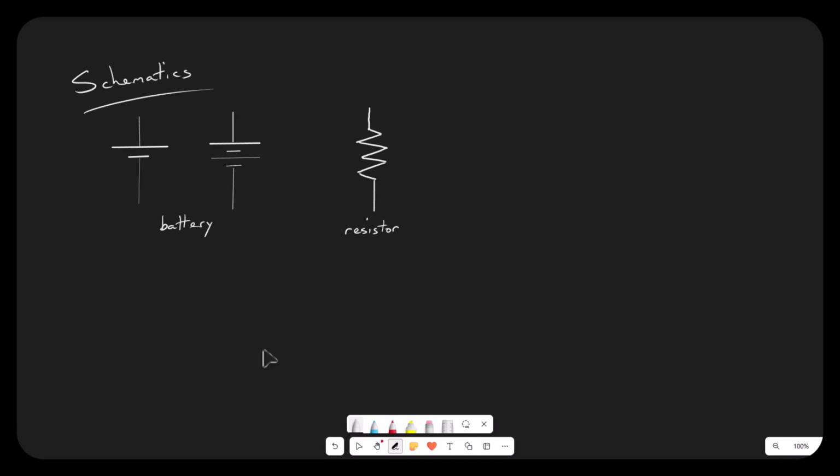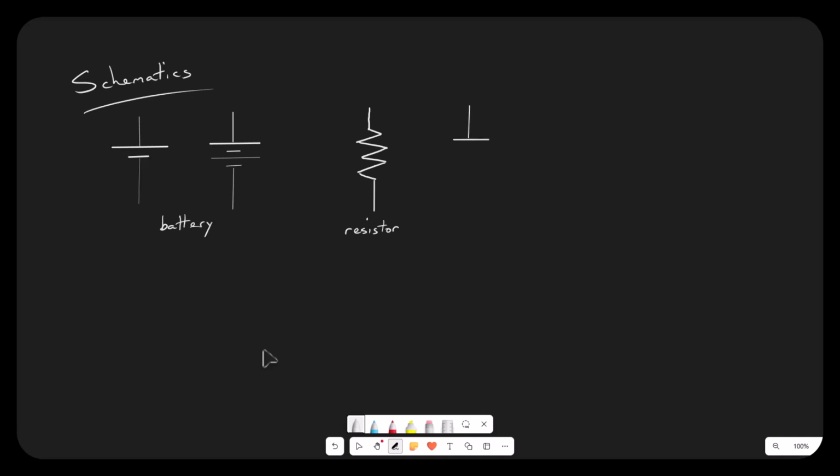Once in a while I get interesting questions on tests where I've given a resistor that looks like this, and someone will inevitably say, but that's not a resistor, because this one has 4 bumps on each side and a resistor only has 3. There's not a set number of bumps. If that's a question that you had, then now you don't have to ask it. If it's a question that you didn't have, then great. So that's a resistor.